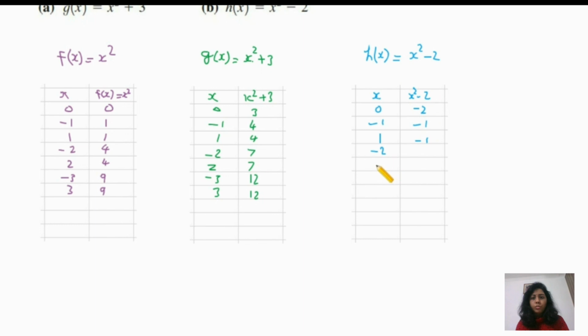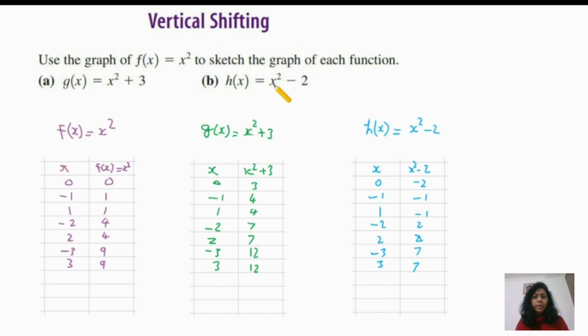When we put minus 2 or 2, 4, 4 minus 2, 2. And when we put minus 3 or 3, 9, 9 minus 2, 7. Okay, like that. And then we can graph this x² + 3 and x² - 2. A question and B question. Okay.